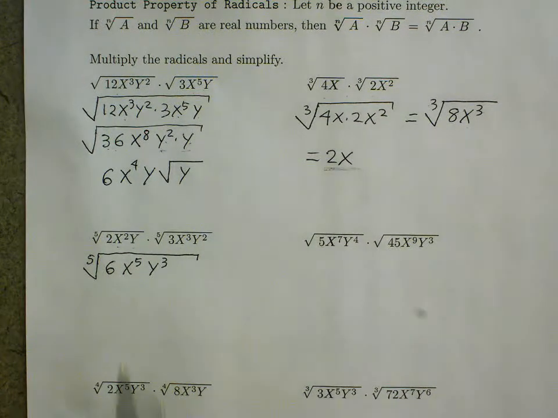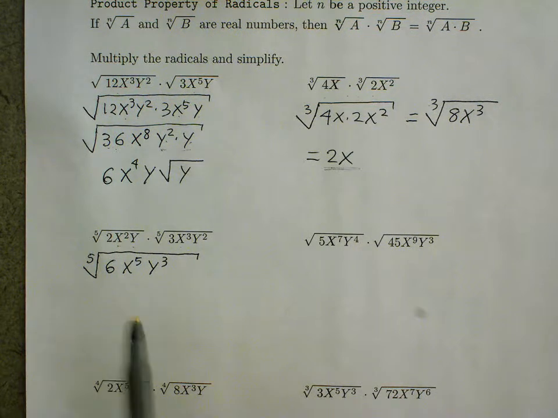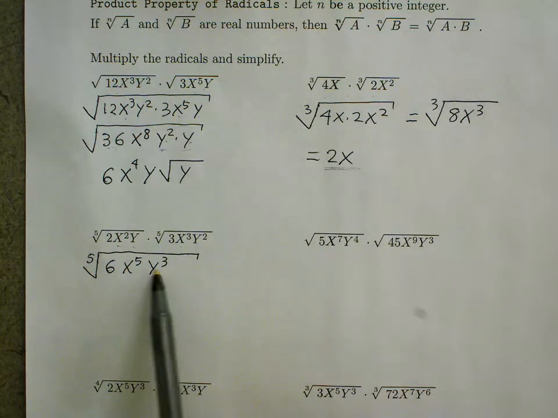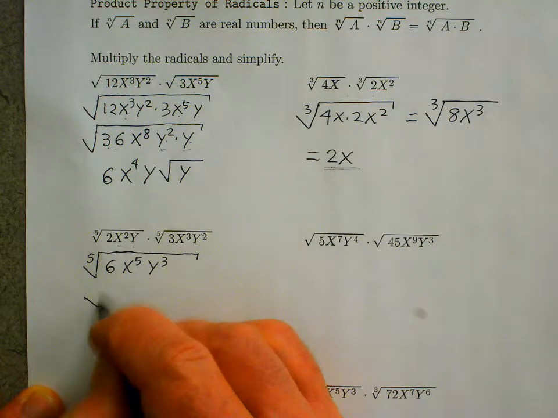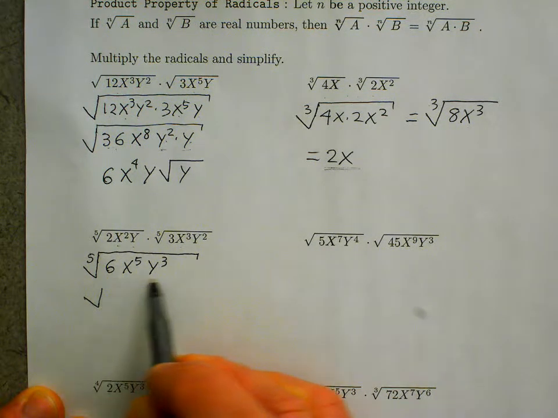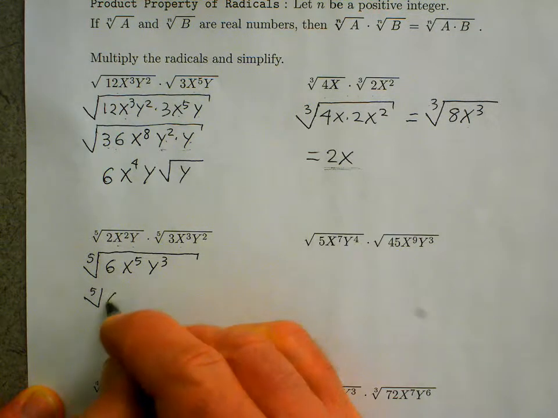Okay, then we simplify this if we can. The fifth root of 6 cannot be simplified further. The fifth root of x to the fifth can be simplified. X to the fifth is a perfect fifth power. And the fifth root of y to the third cannot be simplified further. So the largest factor of 6x to the fifth y to the third that's a perfect fifth power is just x to the fifth.